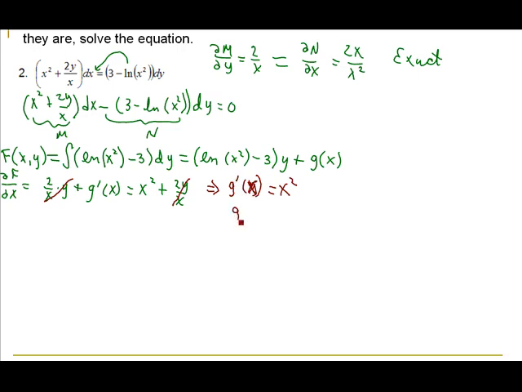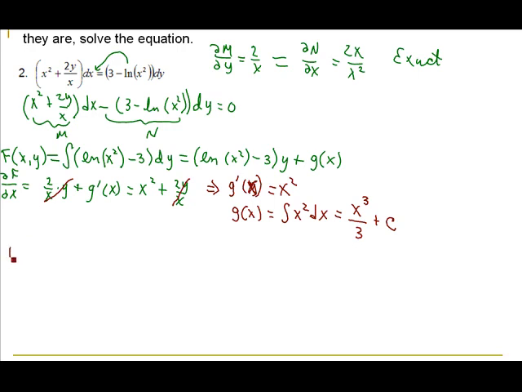And to solve for g, you want to integrate with respect to x. When you integrate with respect to x, we'll increase the exponent by 1, divide by the new exponent, and then add our constant on. That's our g of x.